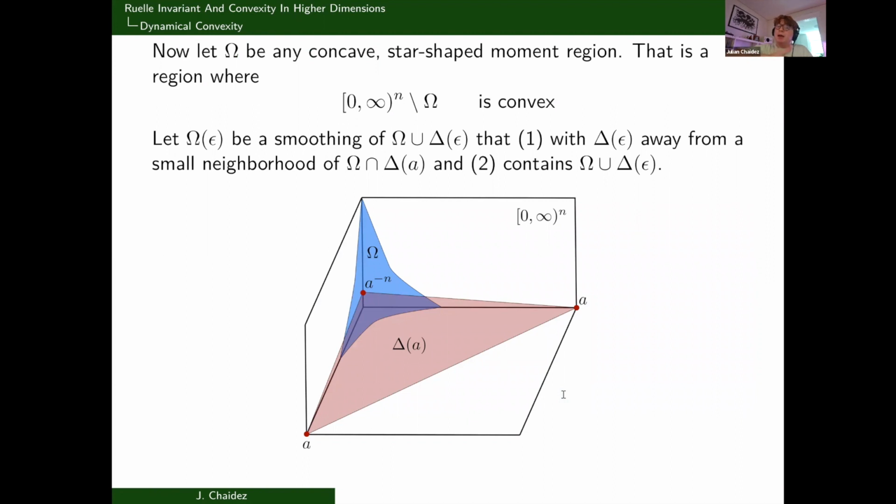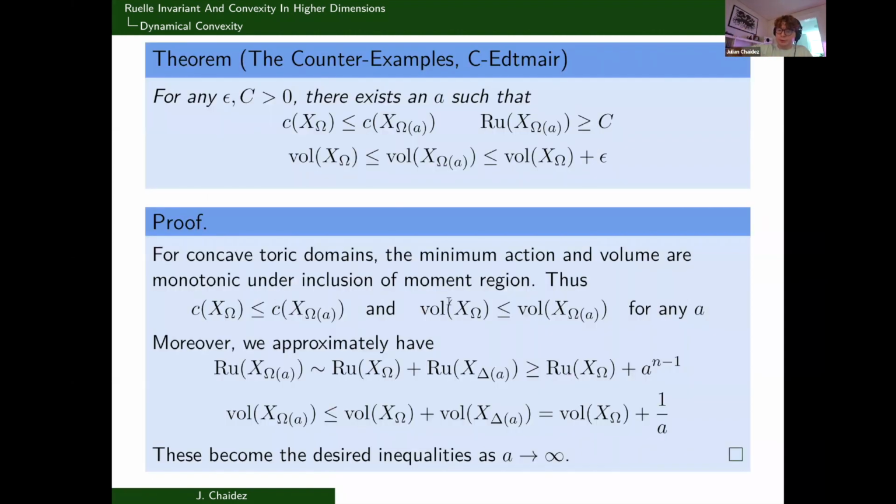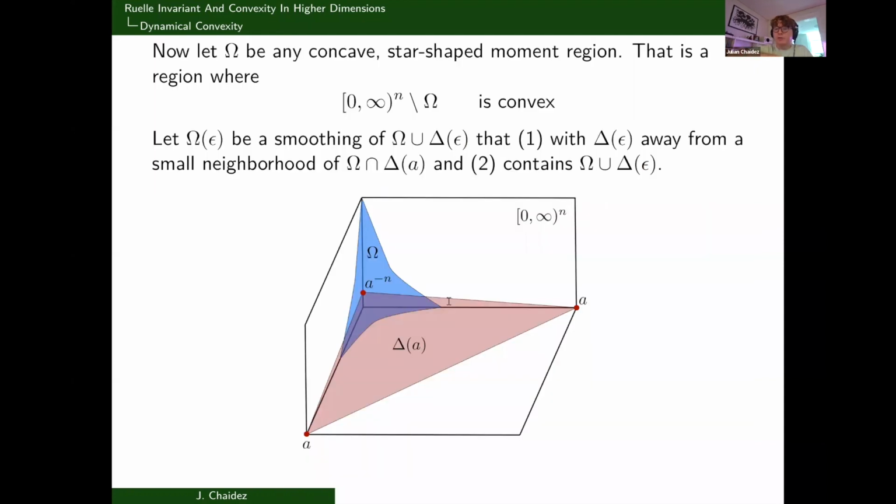Now to actually make our counterexample, let's say that omega is any concave star-shaped moment region. A concave moment region is one where the complement inside the positive orthant is convex. Here I drew a picture of a concave domain in R3, a shape whose complement is convex in the positive orthant.